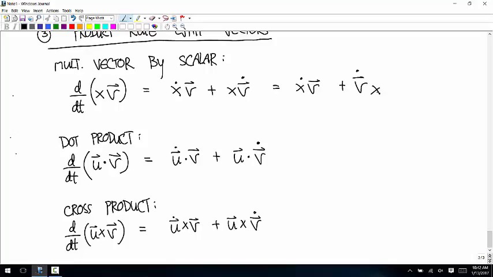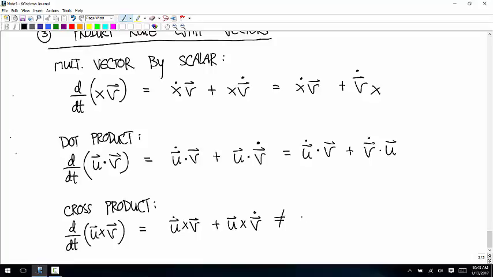I don't know how you're used to formatting product rule with scalars, but say you like to put it in this order where you always have the derivative first or always have it last. No problem here. Right? Same here. No problem. You could write this as u dot dotted with v plus v dot dotted with u. That breaks down here though, because the order matters with the cross product.